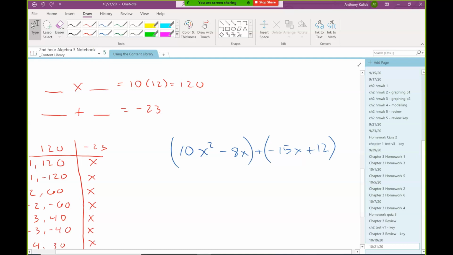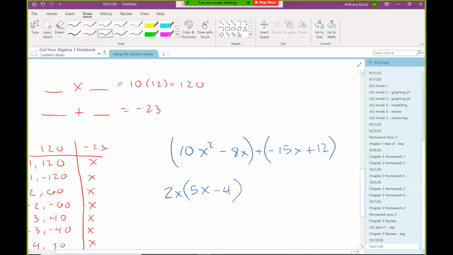But you also have to worry about the x squared and the x part. So 2x is what we want there. So 10x squared divided by 2x: 10 divided by 2 is 5, and x squared divided by x is x. Negative 8x divided by 2x: 8 divided by 2 is 4, and x divided by x just cancels out.